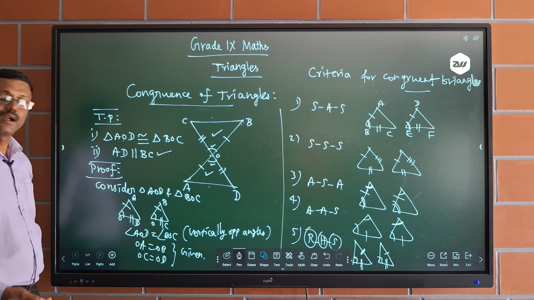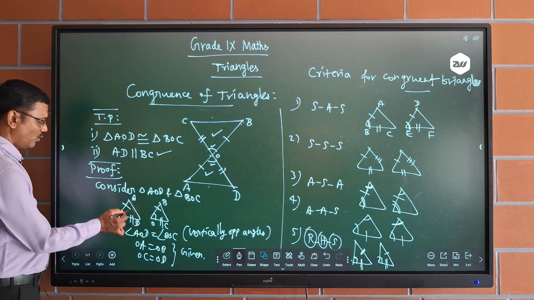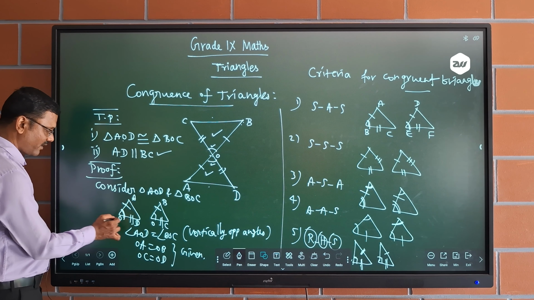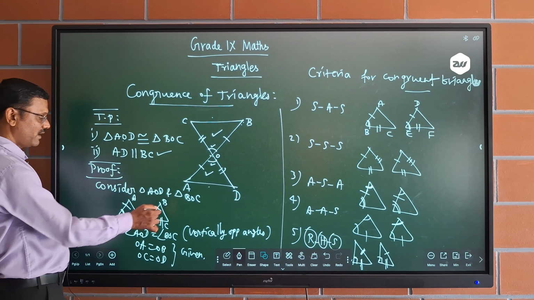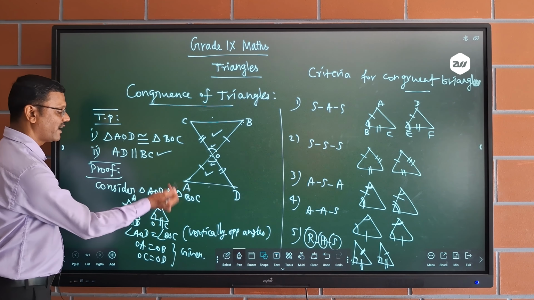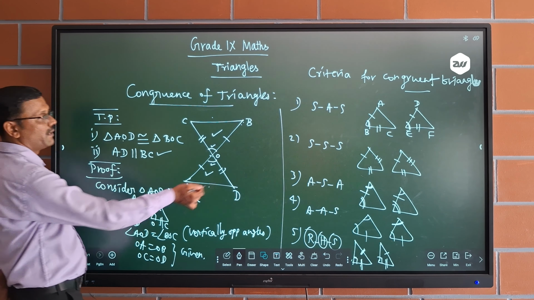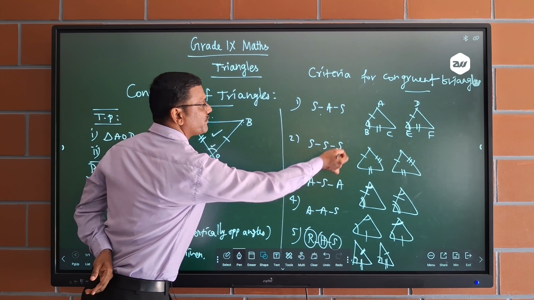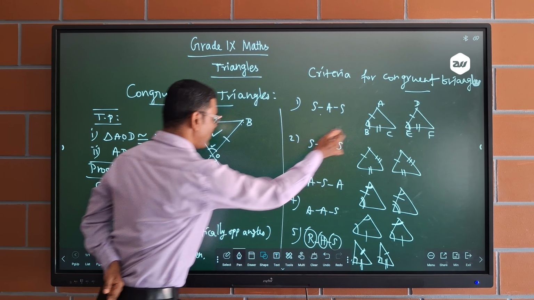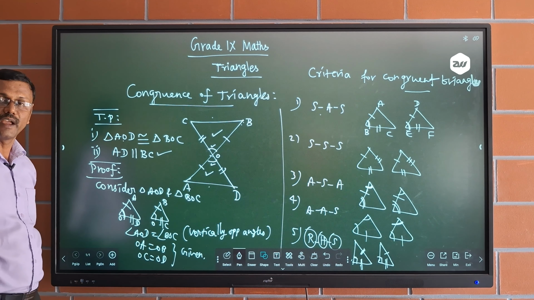Now look at it. Two sides and one included angle of one triangle are correspondingly equal to two sides and one included angle of the other triangle. So by which criterion? SAS. Look at the SAS criterion.